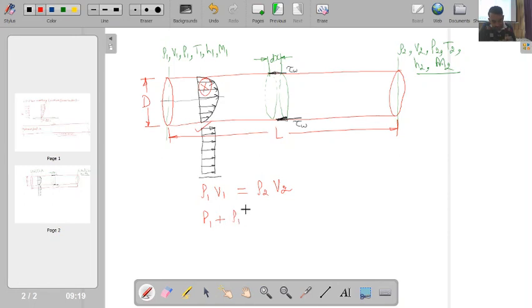Okay, now let me write down this momentum equation first using the integral form, because I now have involvement of the shear stress also. So if I have to take the momentum equation, then first I will write the integral form of the momentum equation.